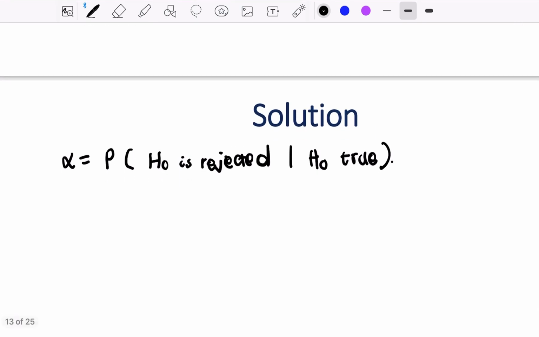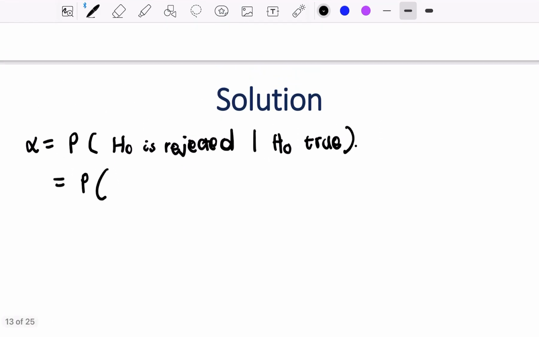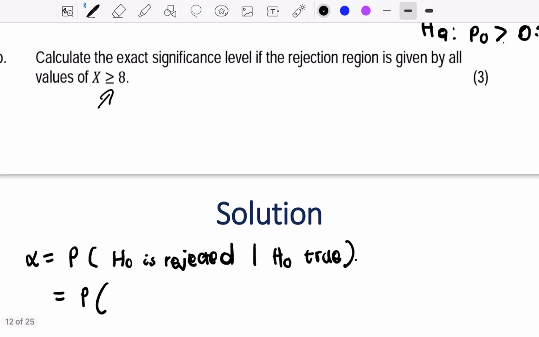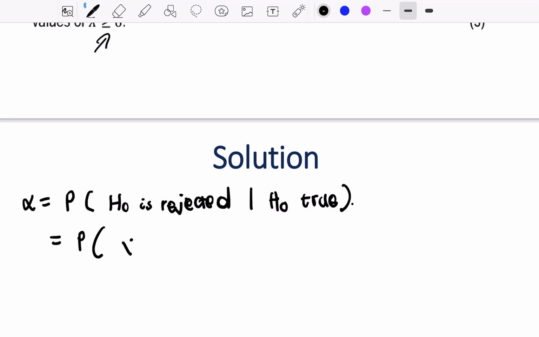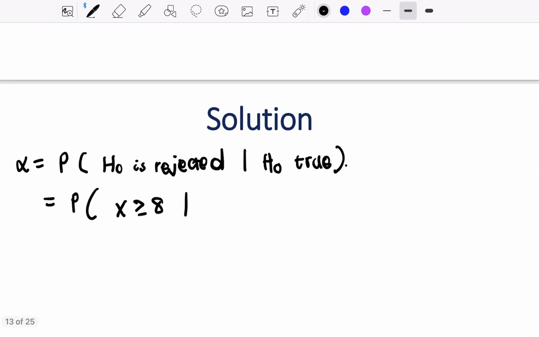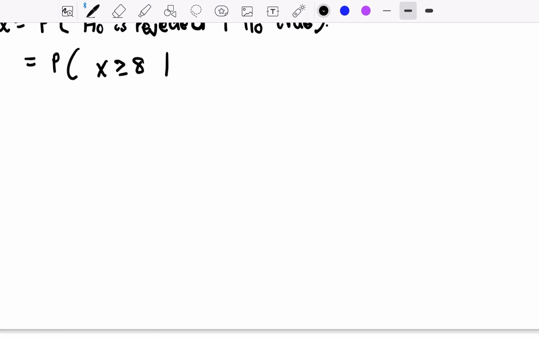Remember, what does it mean for me to reject the null hypothesis? I'll reject it if x is greater or equal to 8, given my null hypothesis, which says that p naught is equal to 0.25. So it will be given p is equal to 0.25.